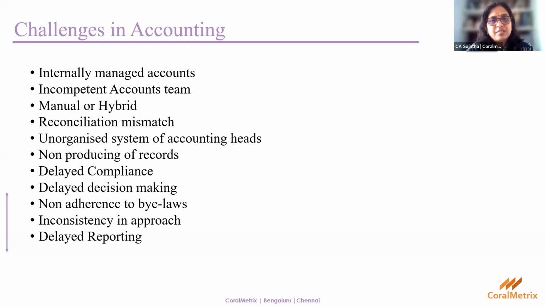The bank reconciliation does not match, or the cash book is not updated. The person in charge of the cash book always holds either more cash or less cash, in the sense that the accounts are not updated on a day-to-day basis. Because of that, there is a mismatch, and they are not able to produce the records on time.